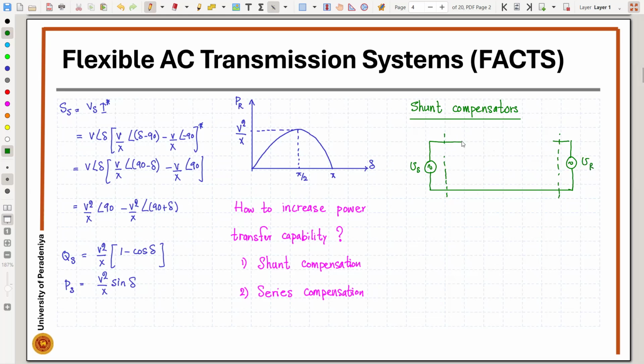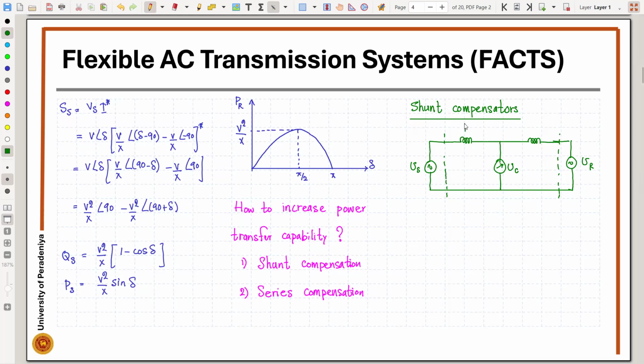And what we are going to do is split the line into two, and place a reactive power supply compensator on the line.